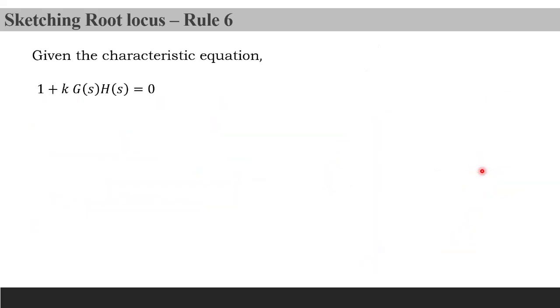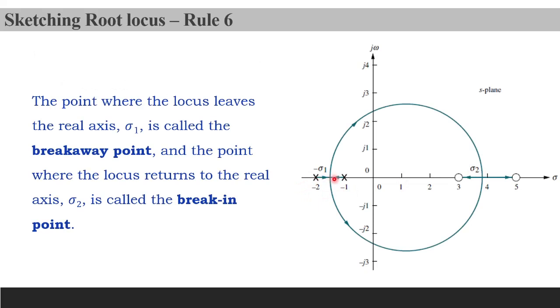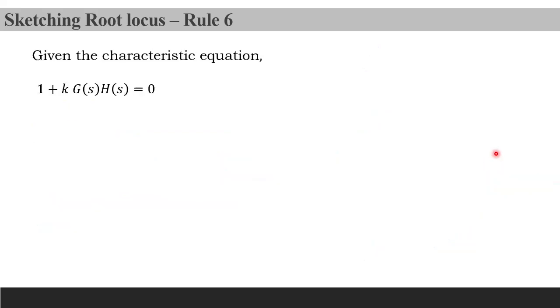If you can see, the breakaway points seem to occur when the root locus drastically rises in its slope, right? You can see here its slope was 0 and suddenly its slope goes up to infinity, because it's going exactly parallel to the y-axis just before leaving the breakaway point and break-in point, right? So I want to find out, this is my characteristic equation. I derive this for the value of k, and I call this some polynomial p of s.